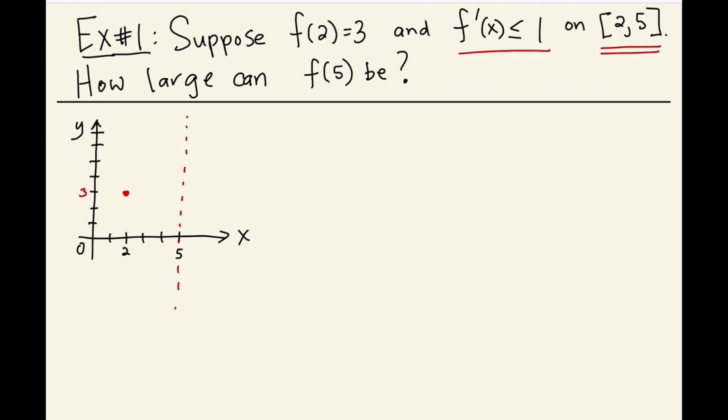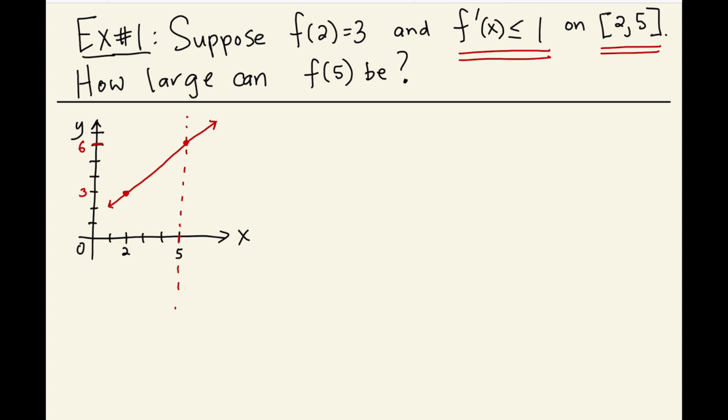Sometimes what I like to do is think of the most simple possible type of function, and that would be a line. So let's suppose, just to get a sense of what's going on, f of x was just a line with slope 1. If f was a line with slope 1, then f would have to look something like this, right? And in that case, f of 5 would be 6.